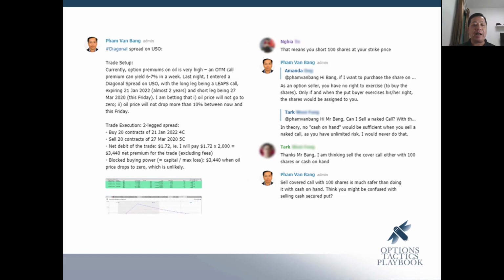And below that, I would have the P&L chart. You see the profit zone with all the details that you can do by yourself if you want to follow my trade. On the right-hand side is a typical Telegram chat group where there are discussions among yourselves, and you can also post questions to me or ask me for clarification of my trade.